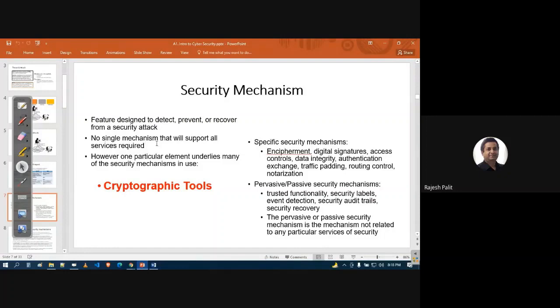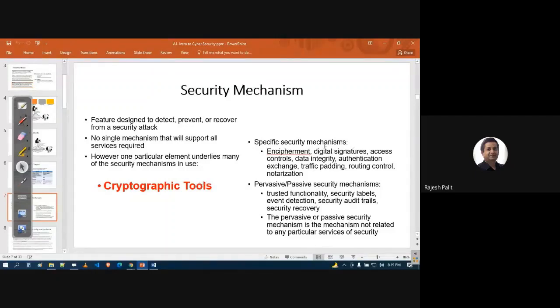No single mechanism will support all services required. There are a lot of requirements, so one security mechanism does not serve all the security services. However, one particular element underlies many of the security mechanisms, that means the security mechanisms are built using cryptographic tools.